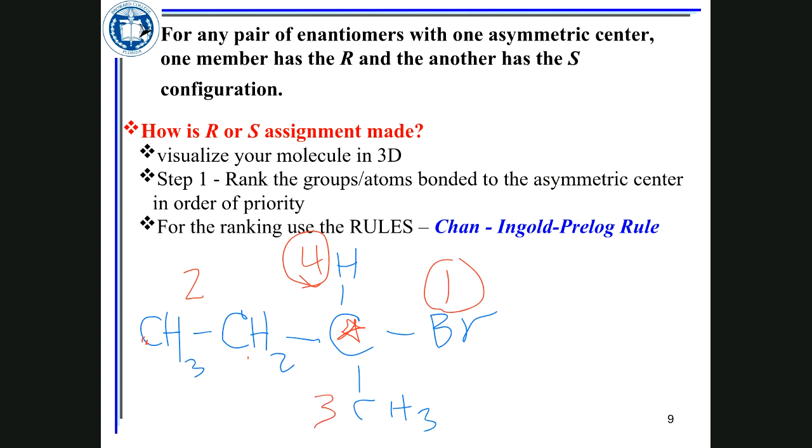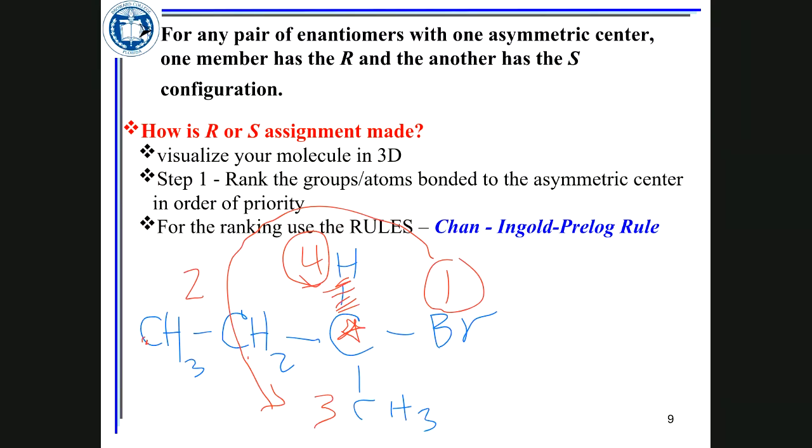Now, if we had the perspective structure where we could see the hydrogen going away from you, then going 1, 2, and 3 is counterclockwise.